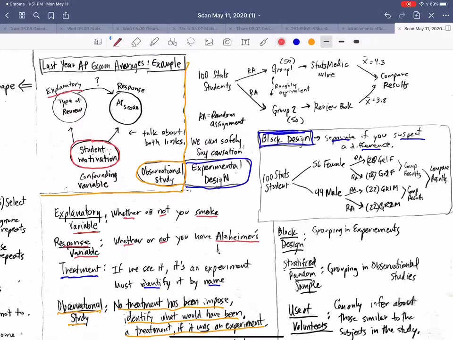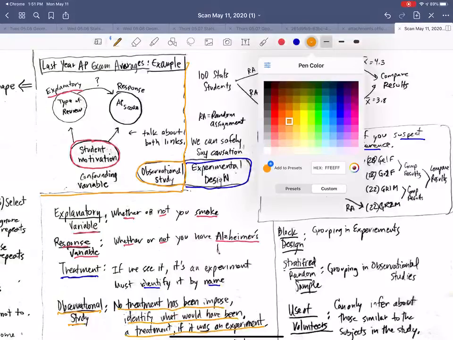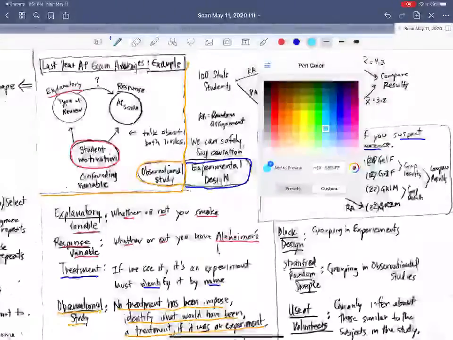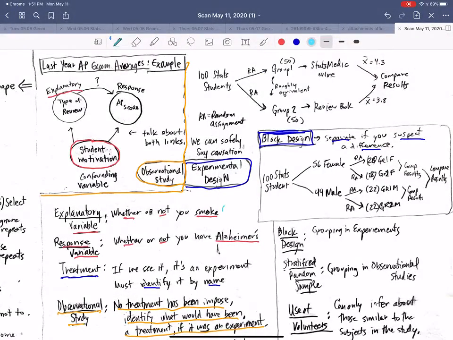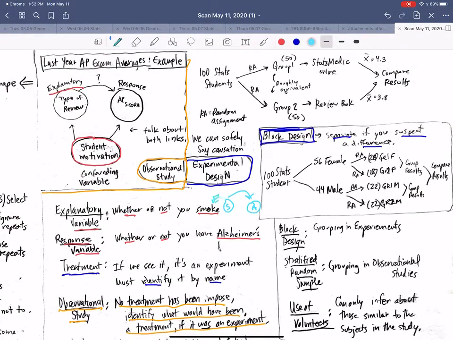Now, you might be thinking, what could be a confounding variable? So we talked about this. I just want to use a different color here. So does smoking explain whether I have Alzheimer's? That's the explanatory. That's my response, right?